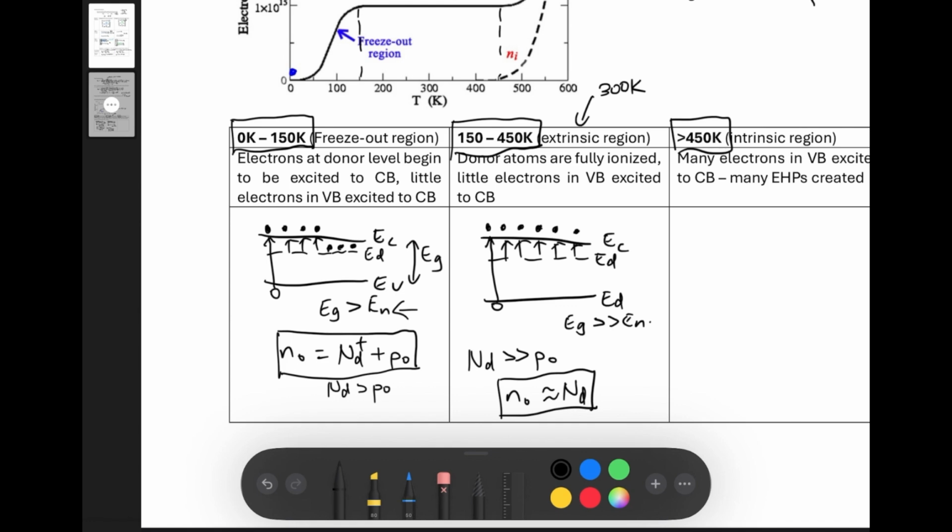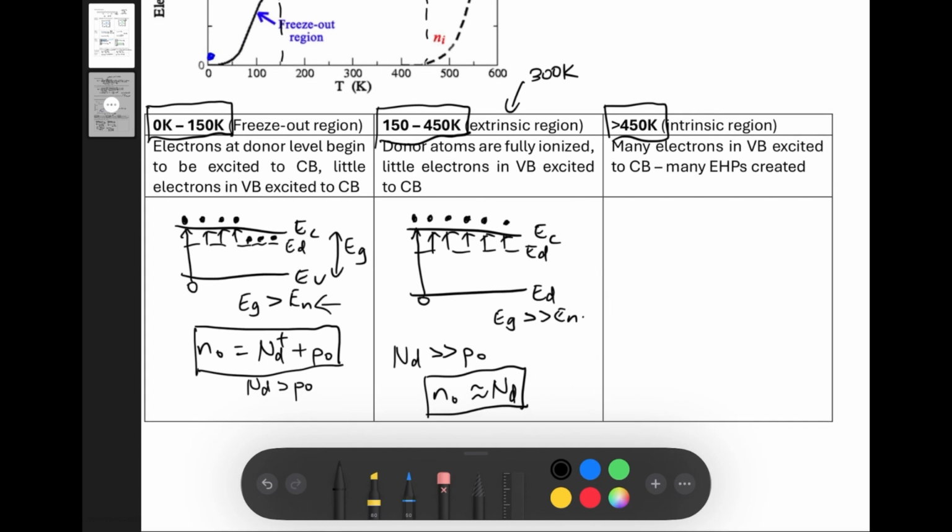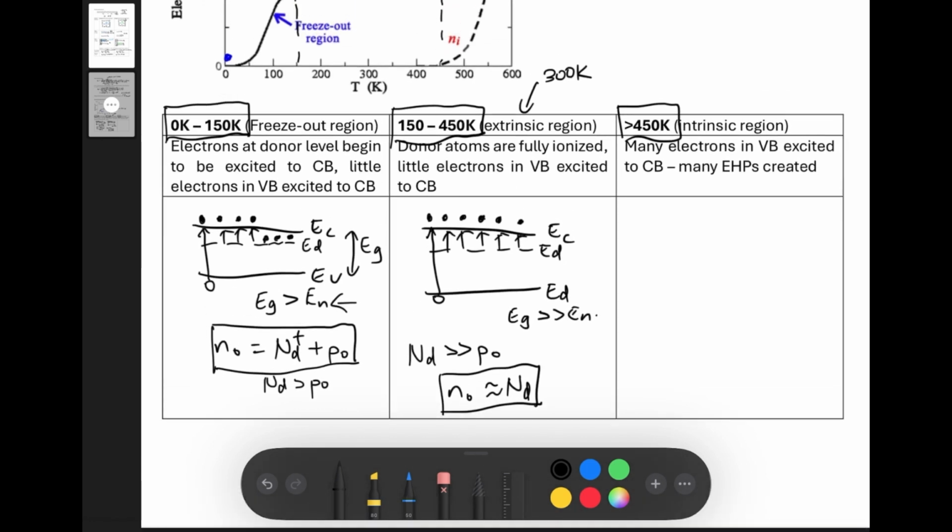So for an extrinsic region semiconductor, you can estimate the electron concentration in the conduction band, N0, to be approximately equal to the donor concentration, ND. Of course, this also depends on the intrinsic carrier concentration and things like that, but this is quite a good approximation most of the time.